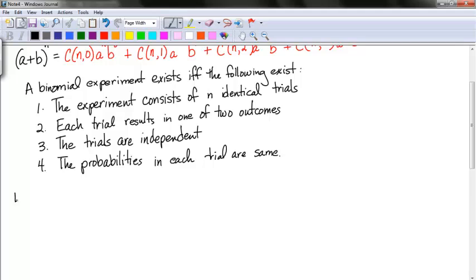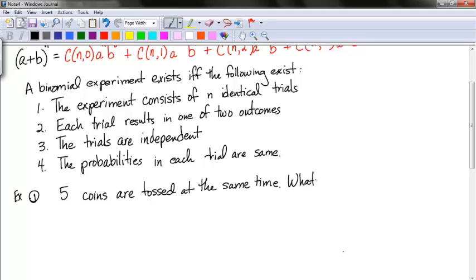Okay, now let's look at an example. Say 5 coins are tossed at the same time. So instead of taking 1 coin and tossing it 5 times, I'm taking 5 and tossing them all at the same time.